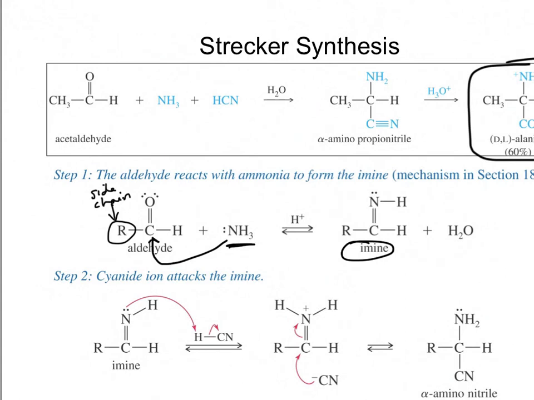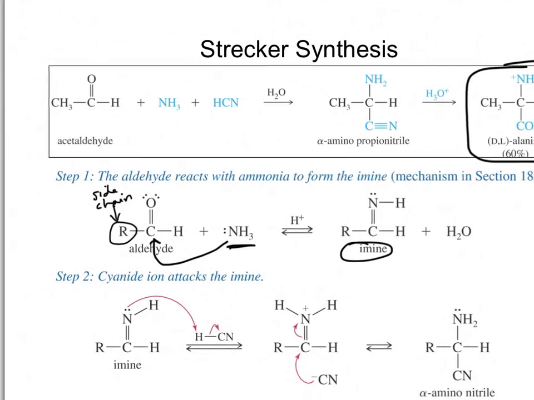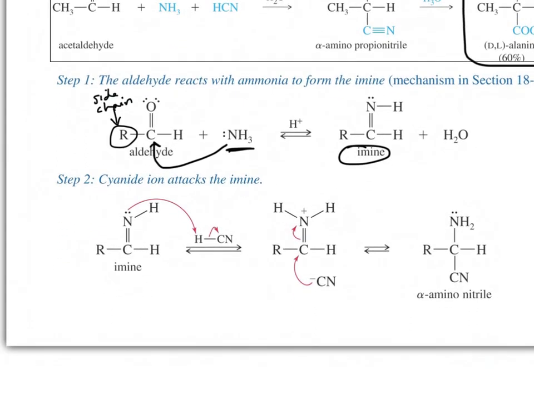And then what happens is that imine does a reaction in this second step that reminds me of cyanohydrin. Remember that mechanism? It's sort of a cyanohydrin kind of mechanism with an imine instead. So all we're doing here is we're protonating it. That makes it a better electrophile.